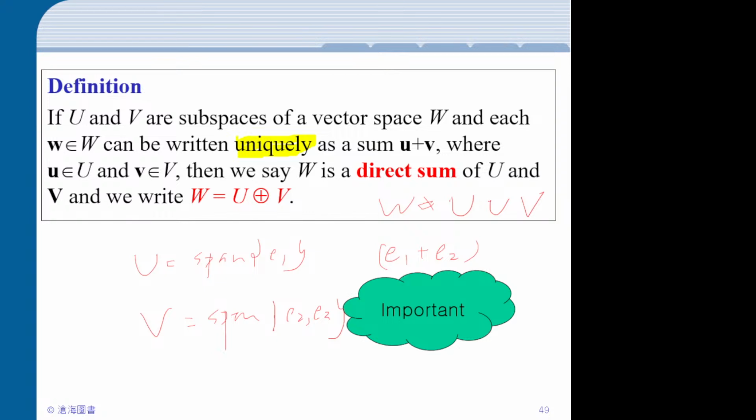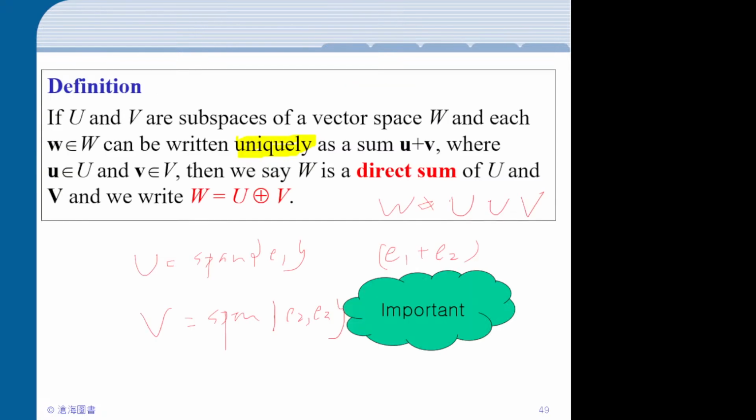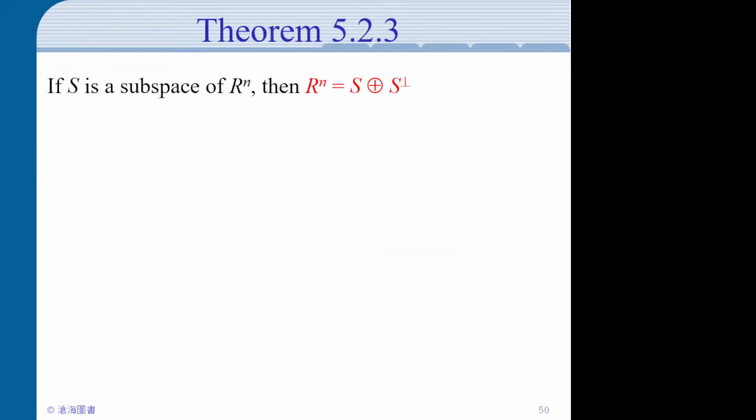It's just a small thing to be a little careful about. So they can be written as something inside U plus something inside V, but the union of U and V is not the whole space. Okay. Yeah, just a little thing to be careful about.